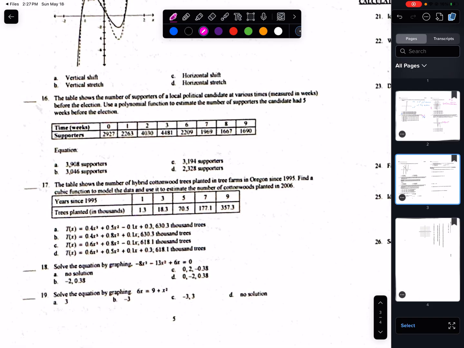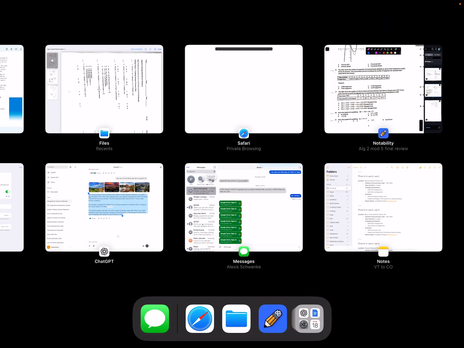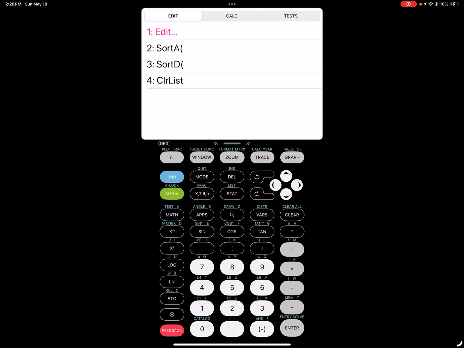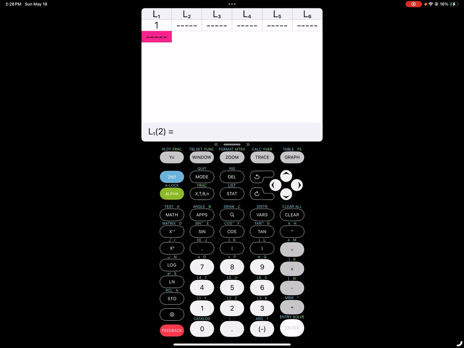Do you remember how to make the prediction? No. So I'll put it in the calculator on here so you can see it. Stat, edit. Are we doing this one or this one? This one, because we want to predict. So 1, 3, 5, 7, 9. At 1, it's 1.3.